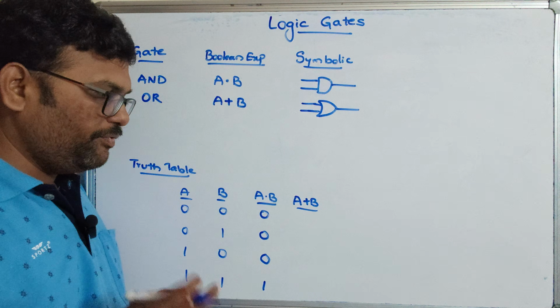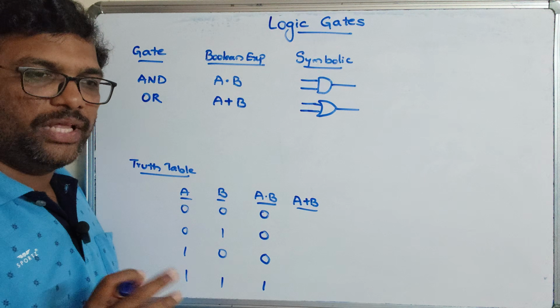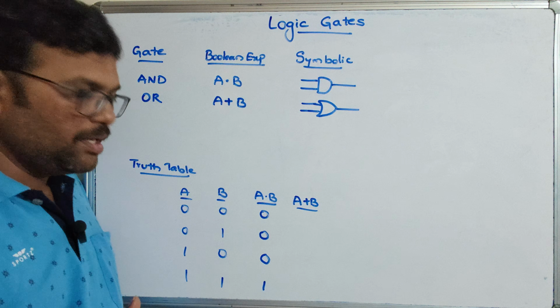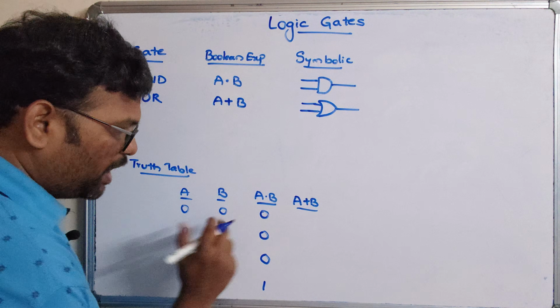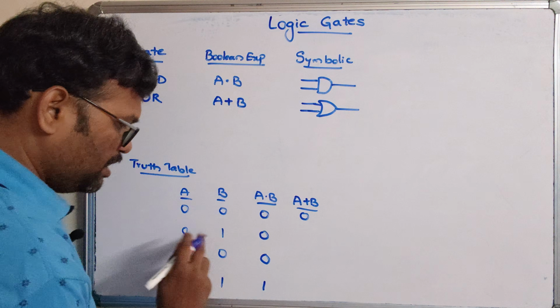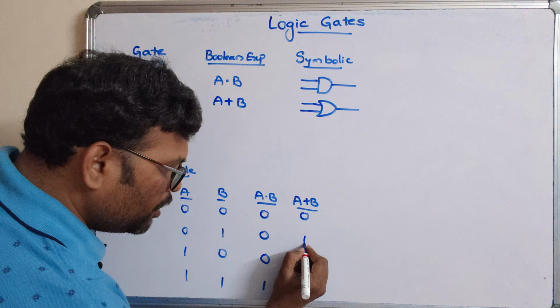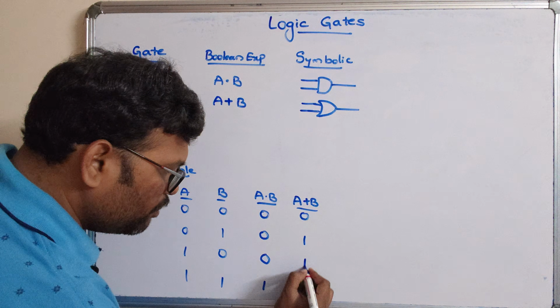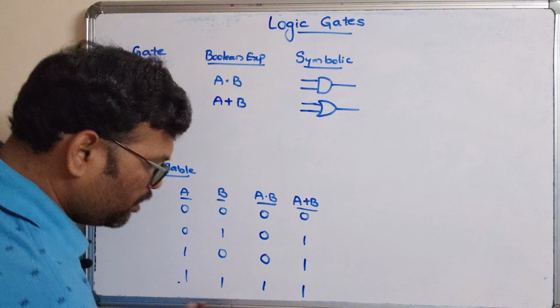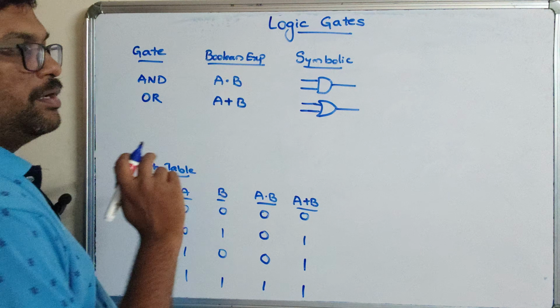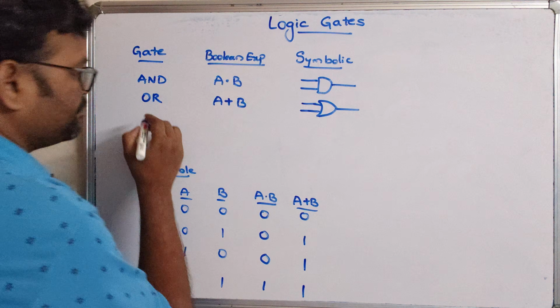That means if any one of the inputs is true, the result will be true, otherwise it will be false. So here two false, obviously this is false. If one is true, we'll get a true. Here also one is true, we'll get a true. Here one is true, we'll get a true. Right? This is the second gate.